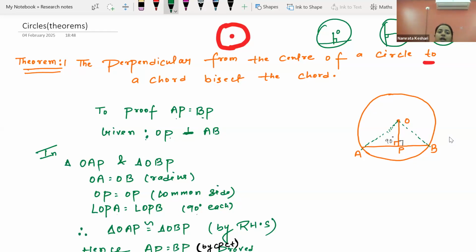Then we have to show that it is going to bisect the chord. Our chord is getting bisected.